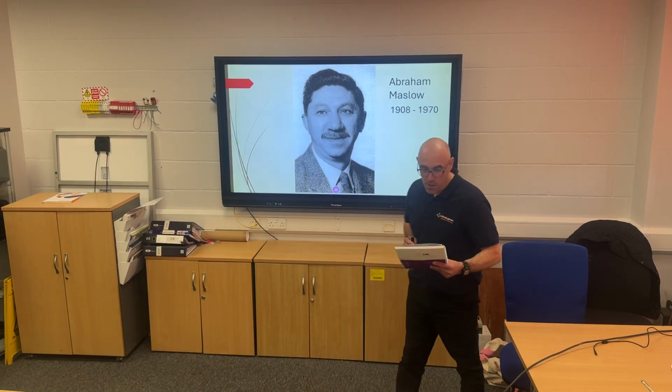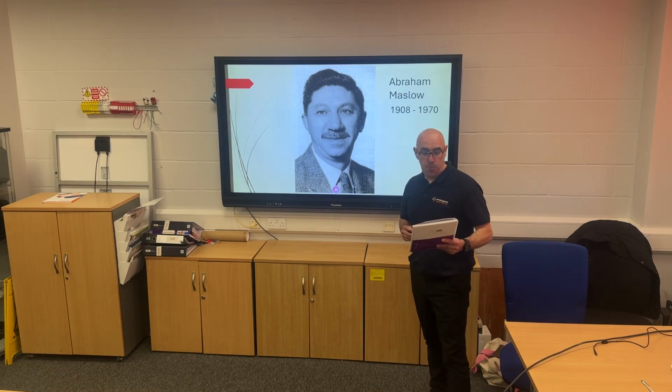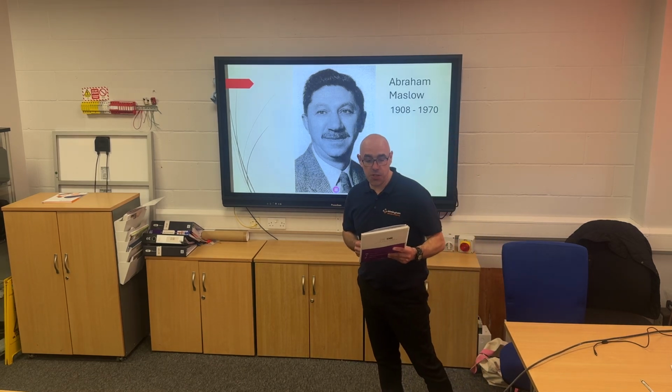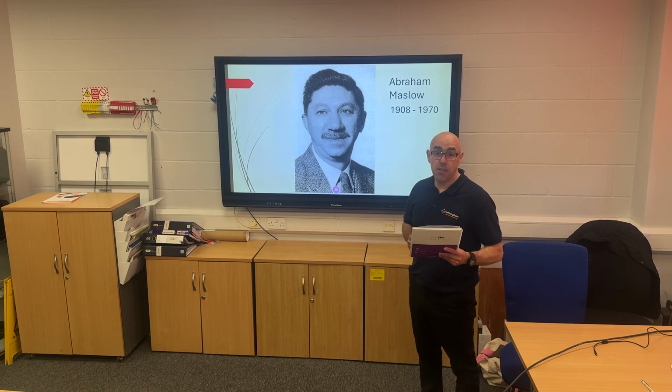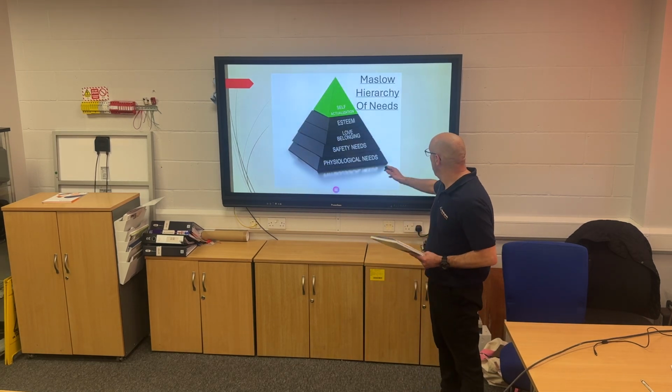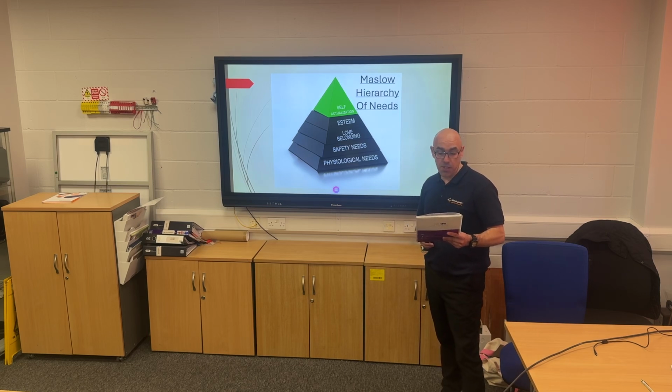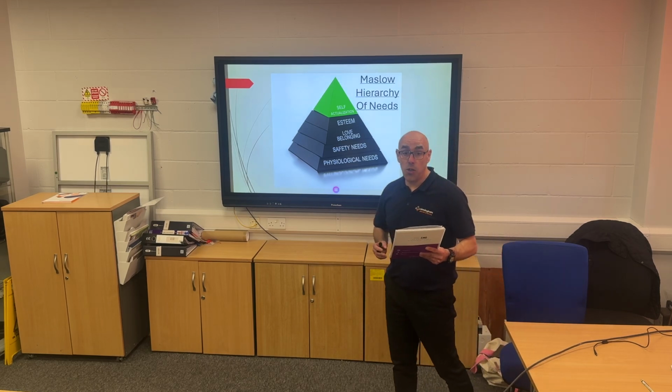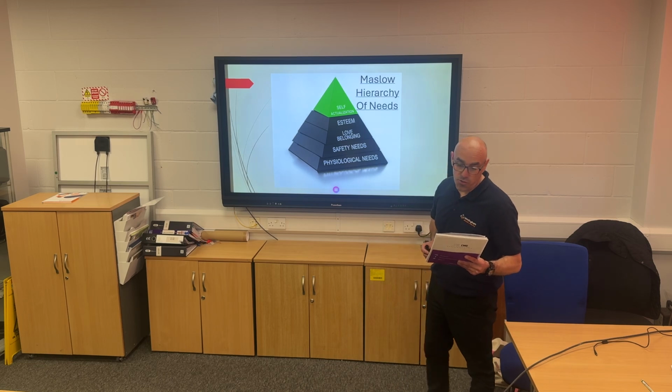Good morning. Maslow's theory states people are motivated to achieve certain needs and that some needs take precedence over others. The first one is physiological: people's basic human needs like air, food, drink.